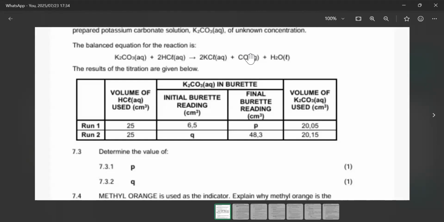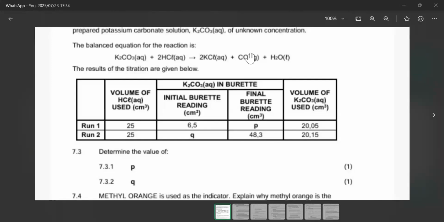If it is given that we used 20.05 cubic centimeters. Yes, initially we had 6.5, but we used 20.05. So how much do we have finally in this burette? Well, how do you determine this P? Well, easy. You just say 6.5 and you add it to 20.05.